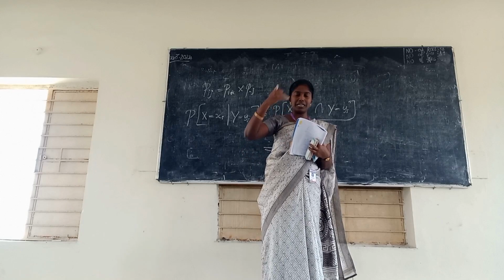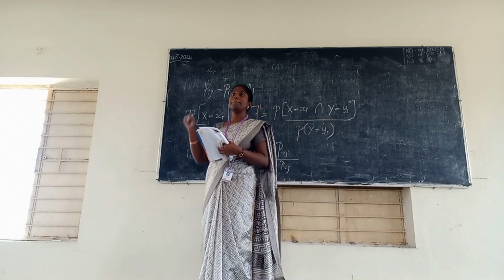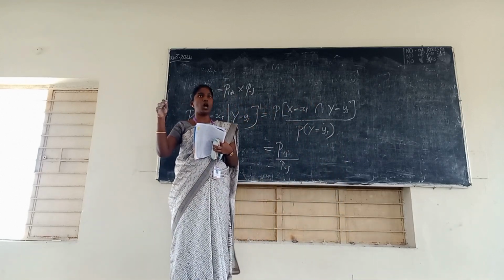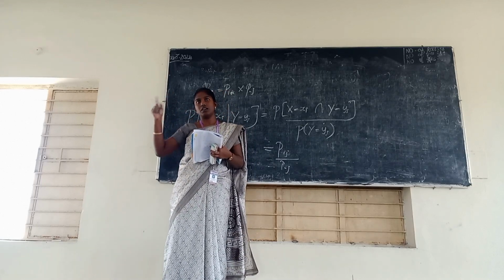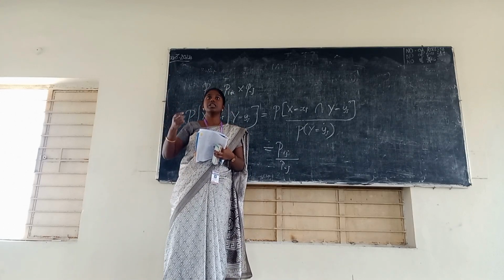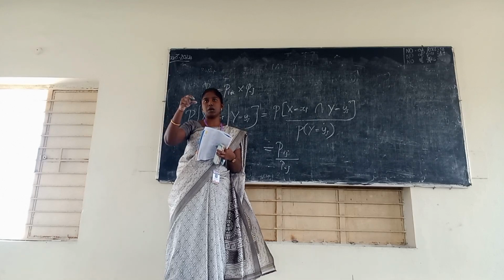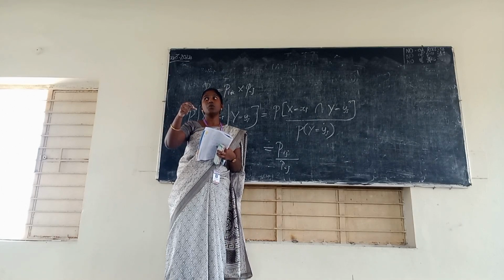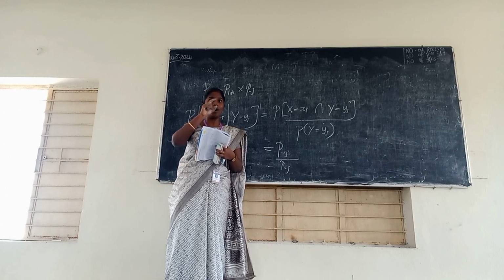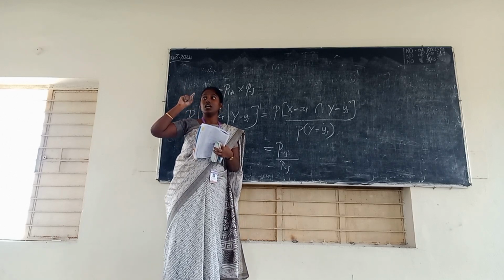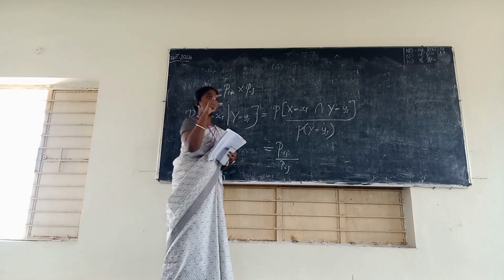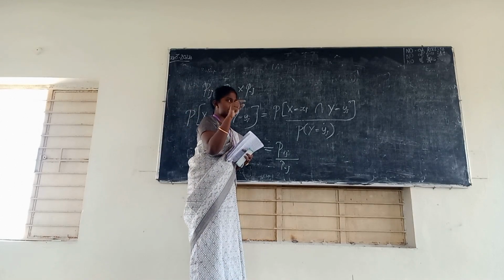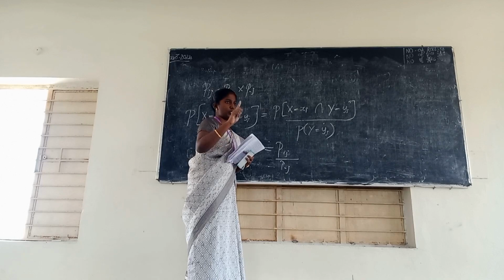Similarly, down below, P dot 1, P dot 2. Dot represents there is no x. P dot 1 is the marginal probability of y1, and P dot 2 is the marginal probability of y2.